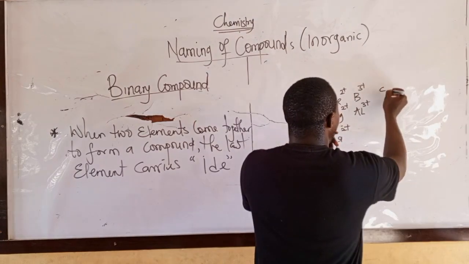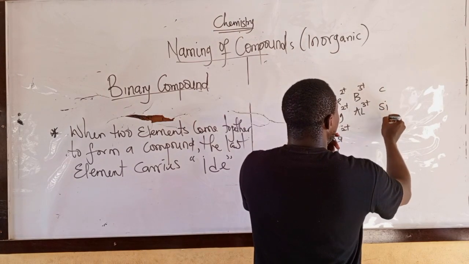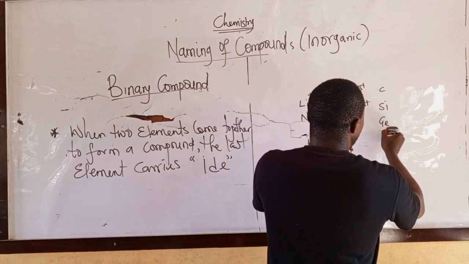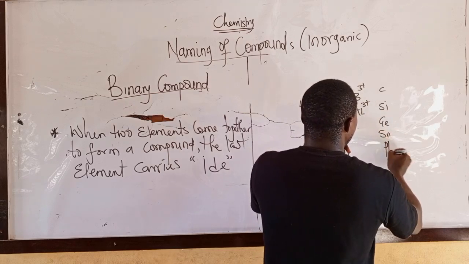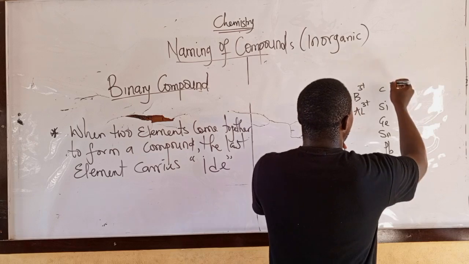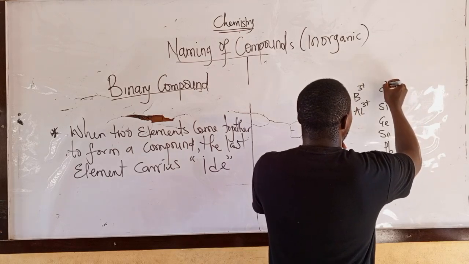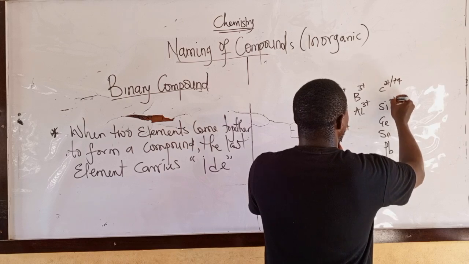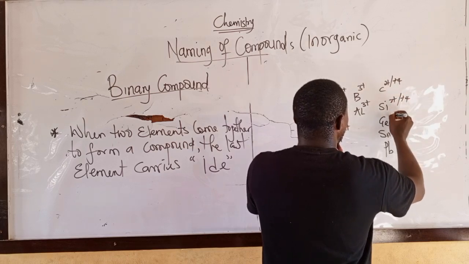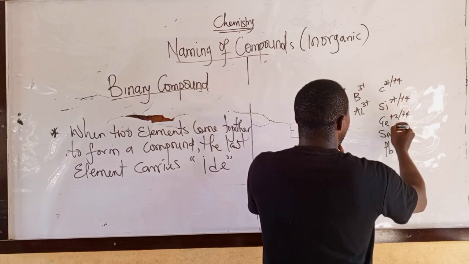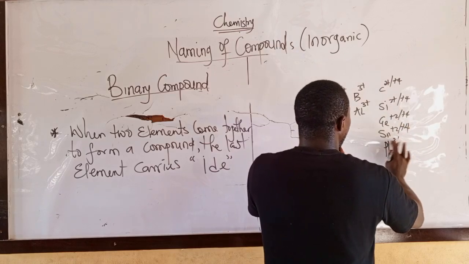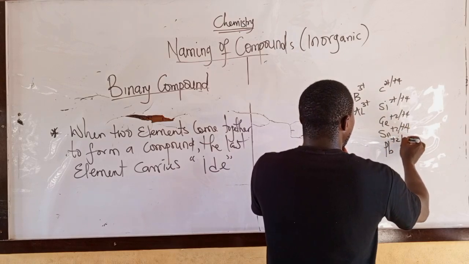Then carbon, silicon, germanium, tin, lead. These can exhibit two oxidation numbers, +2 and +4.